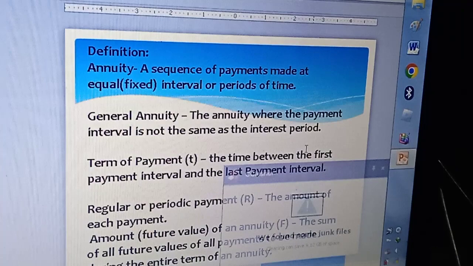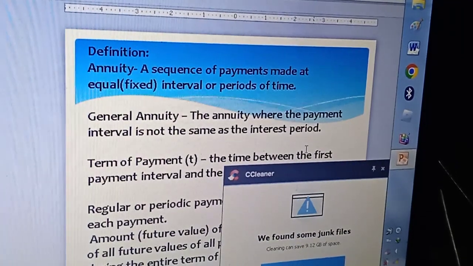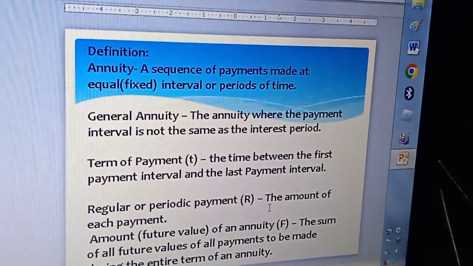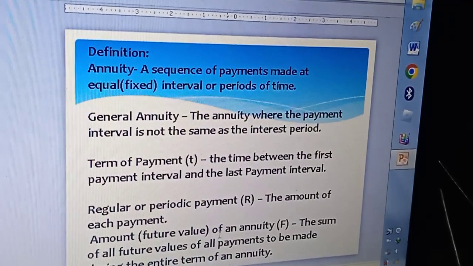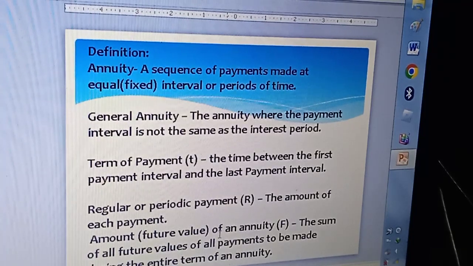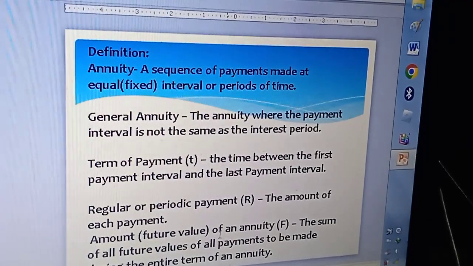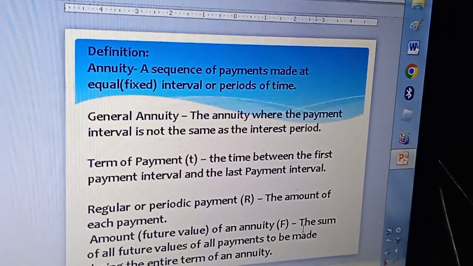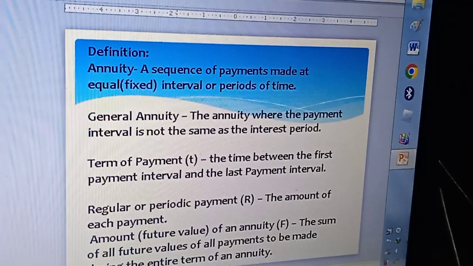Term of payment is the time between the first payment interval and the last payment interval. And regular or periodic payment is the amount of each payment. Amount or future value of an annuity is the sum of all future values of all payments to be made during the entire term of the annuity.